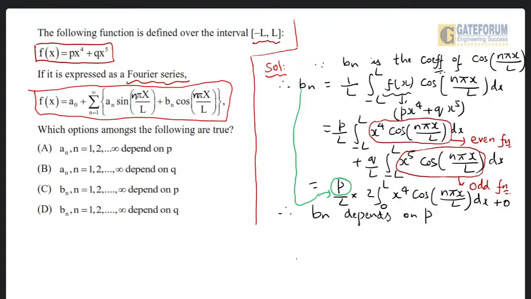Next, what is an here? It is the coefficient of sine n pi x by l.